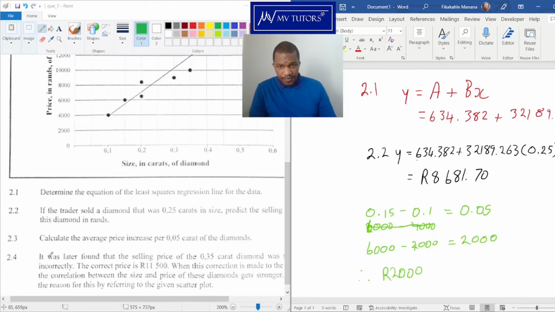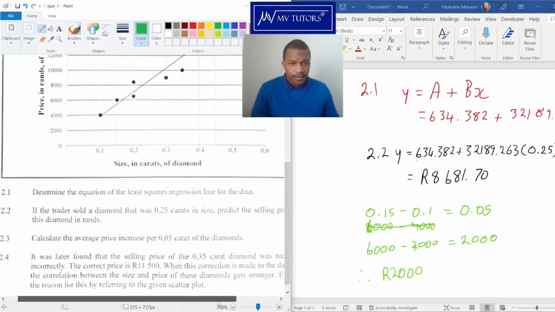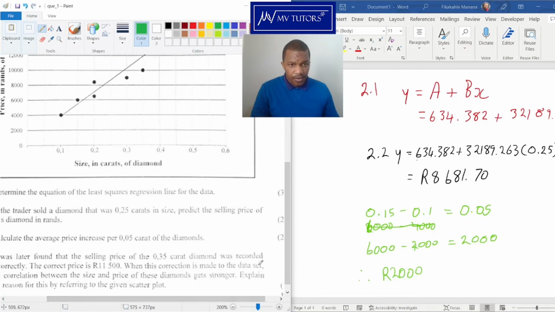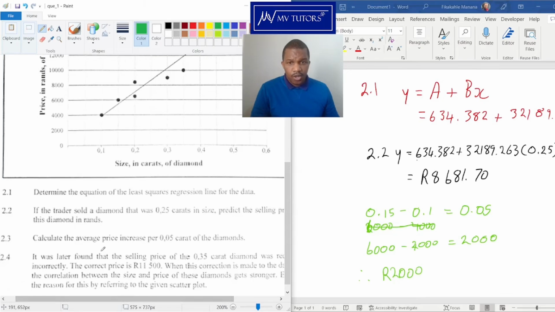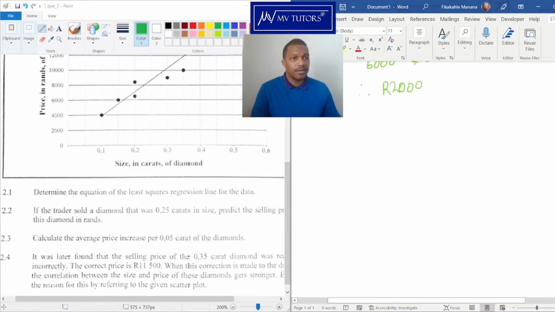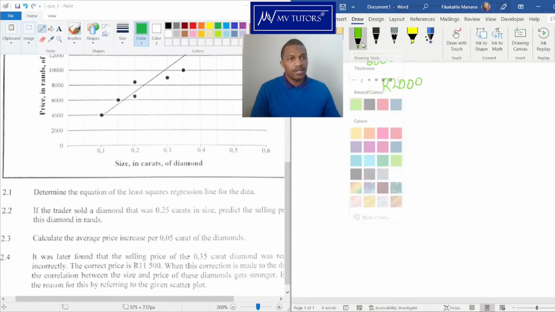And then it says it was later found that the selling price of the 0.35 carat diamond was recorded incorrectly. Okay, so let's take it piece by piece. They are saying here, let's get more space this side. I'm going to change the color.